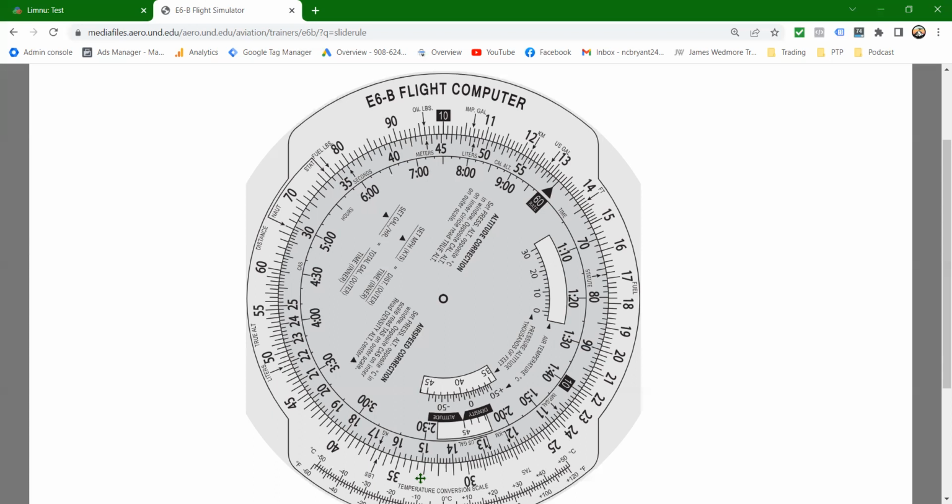You have to go back to common sense and say, okay, if I'm traveling for 2.5 hours at a ground speed of 133 knots, does it make sense that I traveled 33 nautical miles in 2.5 hours? No, because that would mean you're going like 10 or 15 miles per hour.